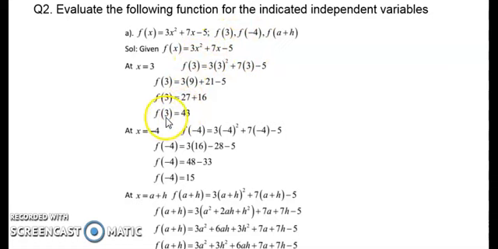The answer for f of 3 is 43. And when you insert x as minus 4, the answer is 15. Then instead of x, you have to put in the value a plus h. You don't need to get confused. Just insert the value, simplify it, and get the functional value. Add, subtract the like terms, and just solve it.